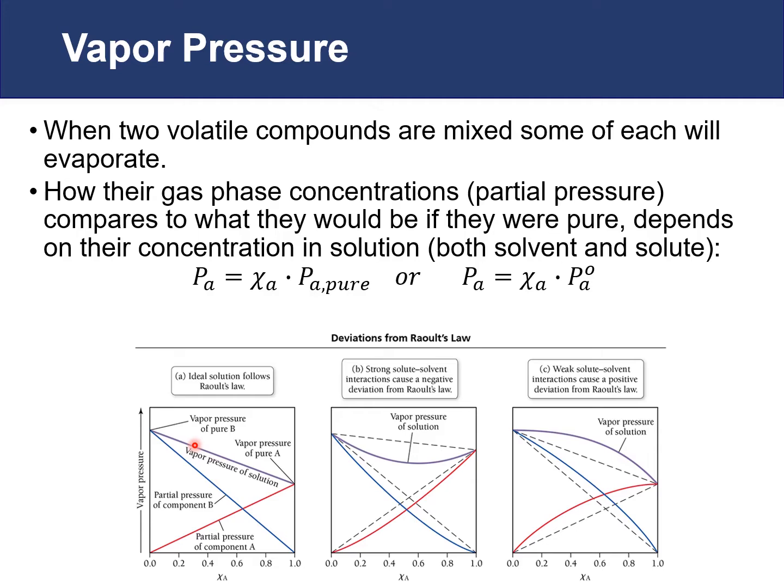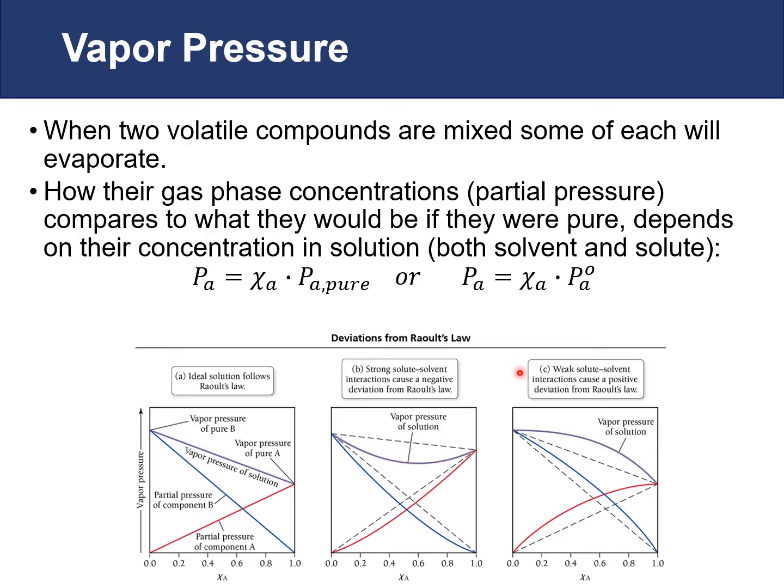Now, solutions do not always follow perfectly with Raoult's law. We can have two cases in which the solute-solvent interactions are either strong or weak, meaning that they are strongly attracted to each other or they are not strongly attracted to each other. In the case where we have strong solute-solvent interaction, the actual amount of vapor that goes into the gas phase is less than what we would expect, because the solute and the solvent are interacting to keep both in the solution phase.